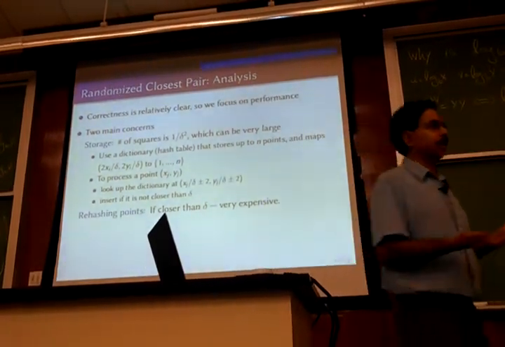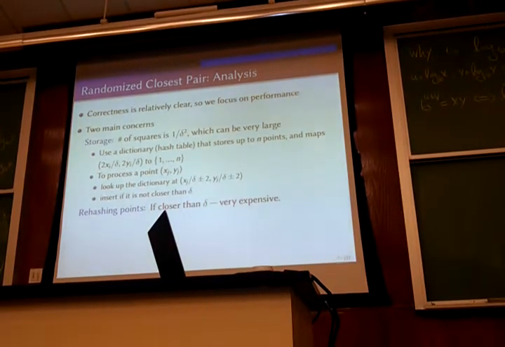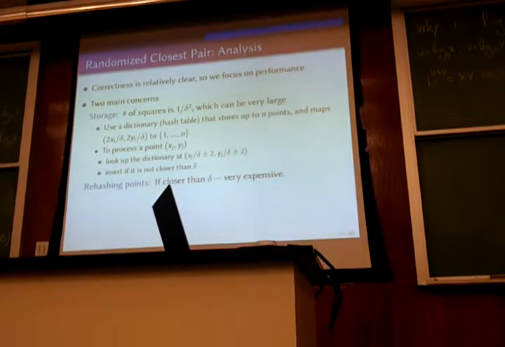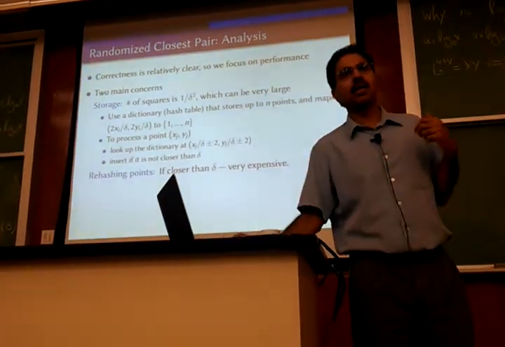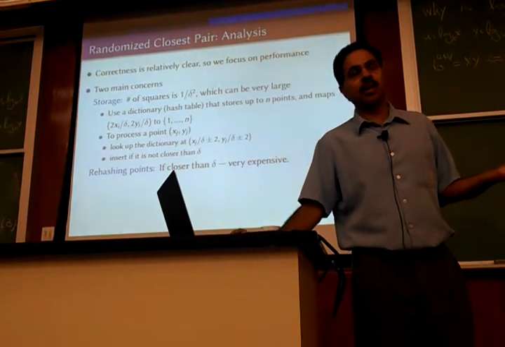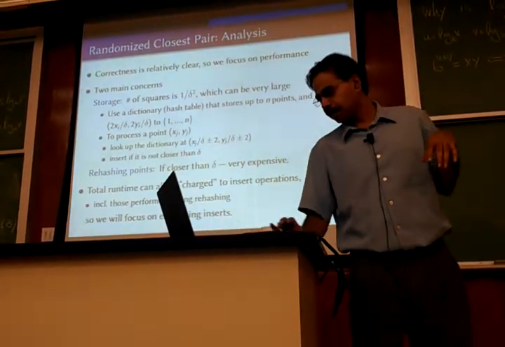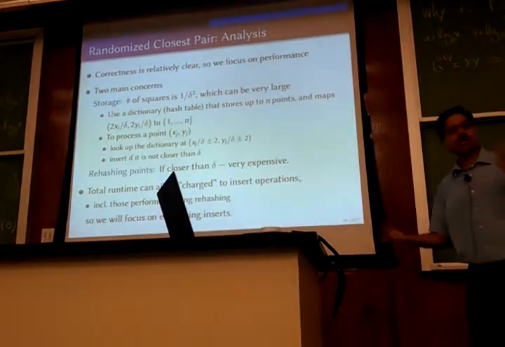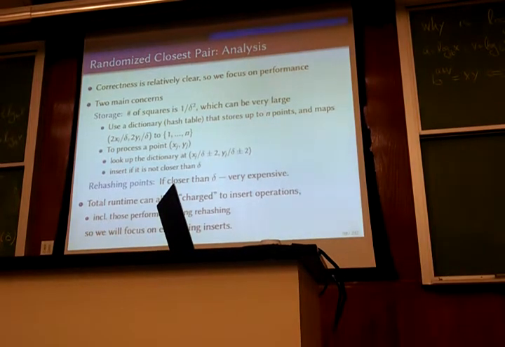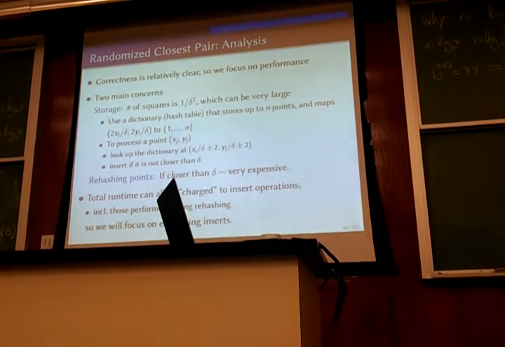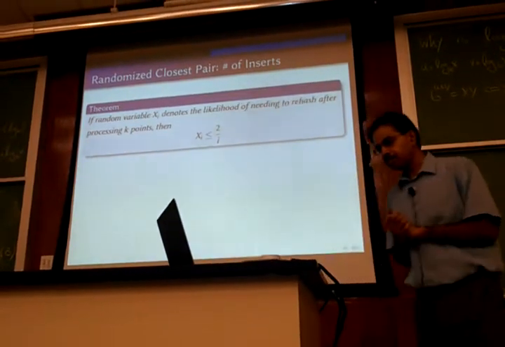So what we want to do is, can we use some randomization to make sure that the expected number of rehashes is small enough that you can retain linear or n log n type of time? Okay, so we will just look at the insert operation, because it looks like rehashing is the main cost. If you just look at the total number of insertions into the hash table, that should give us a good bound on how long it takes.